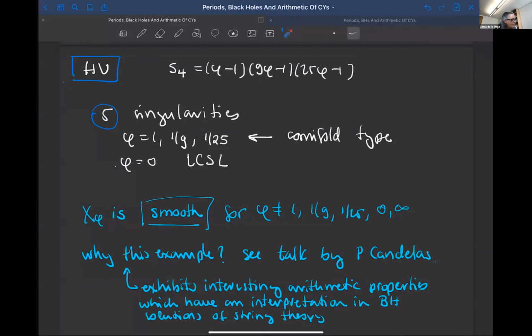So why this example? It looks like, why would I choose that example? As you will see in the next talk, Philip gets to tell you about the fun part, which is that this manifold exhibits interesting arithmetic properties which have an interpretation in black hole solutions of string theory.